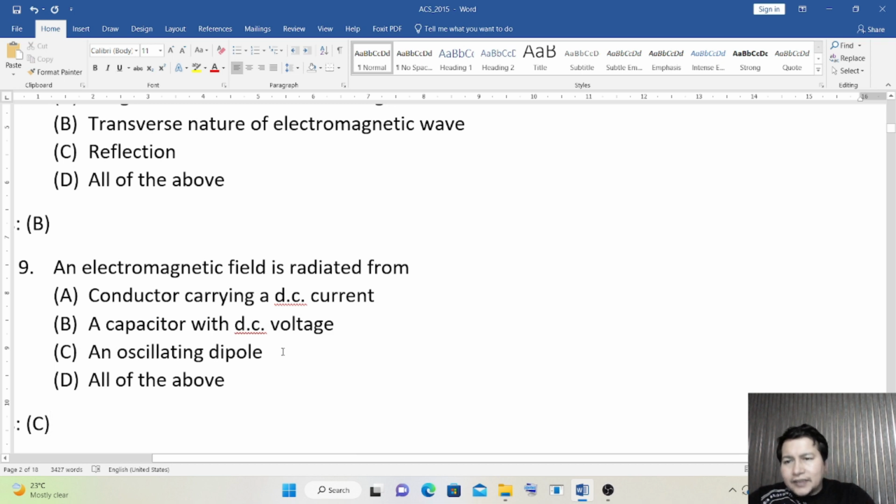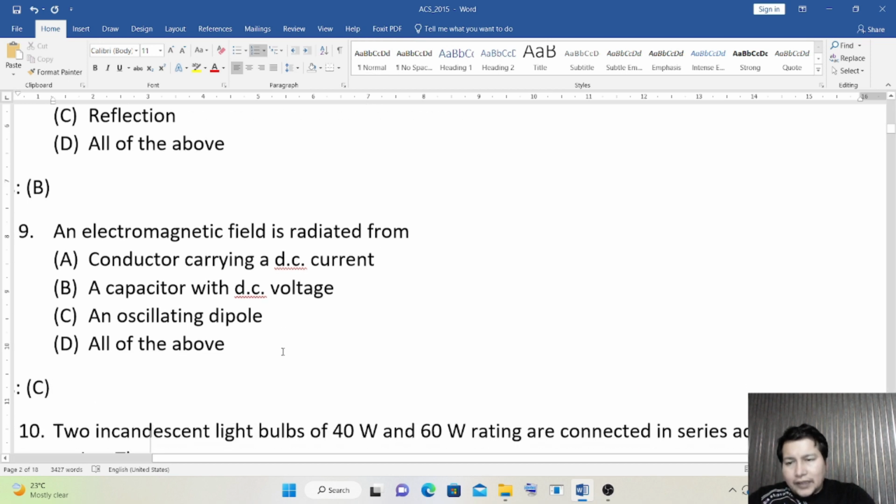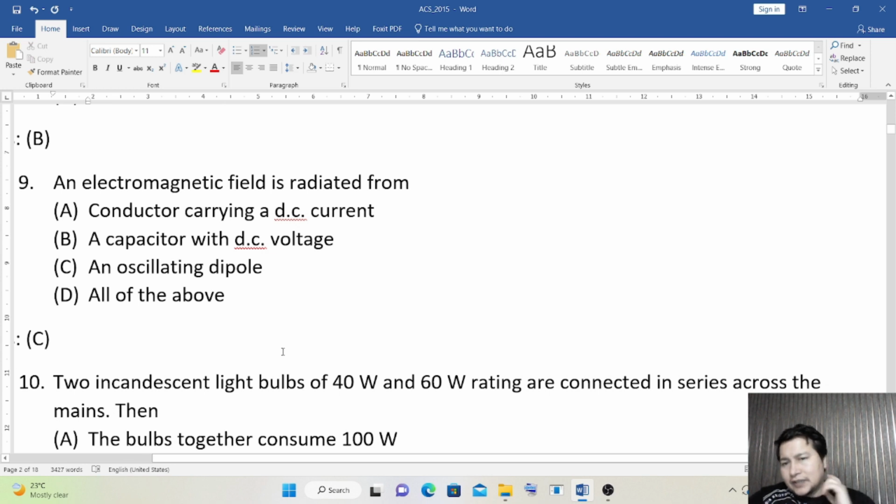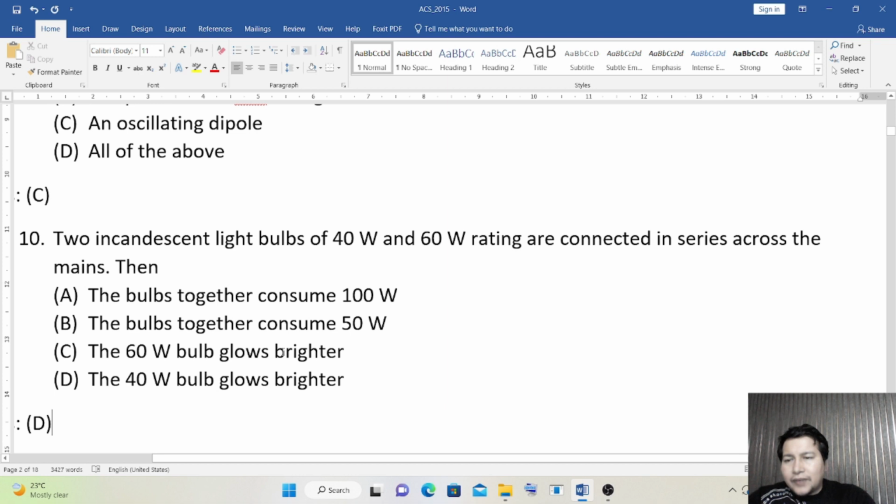Question number 9. An electromagnetic field is radiated from a conductor carrying a DC current, a capacitor with DC voltage, an oscillating dipole, all of the above. Correct option will be option C, an oscillating dipole. Question number 10.